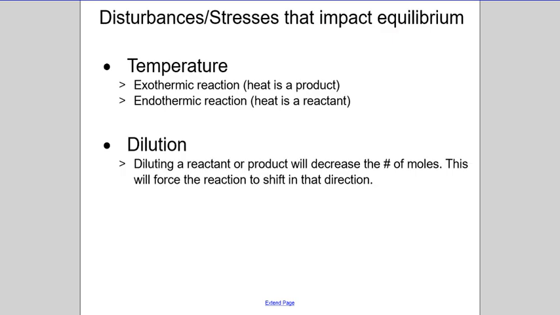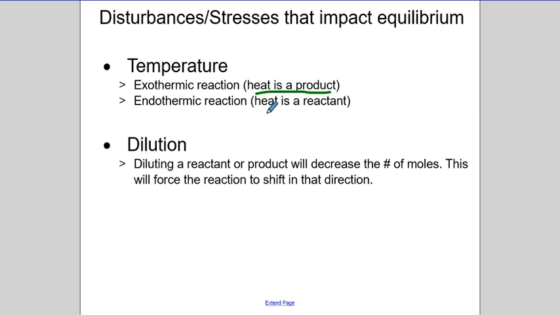Okay, and the last 2 stresses to talk about here are temperature and dilution. So temperature, it depends on if the reaction is exothermic, if it gives off heat, or if it's endothermic, and the reaction absorbs heat. But really, if it's exothermic, we treat heat as a product.